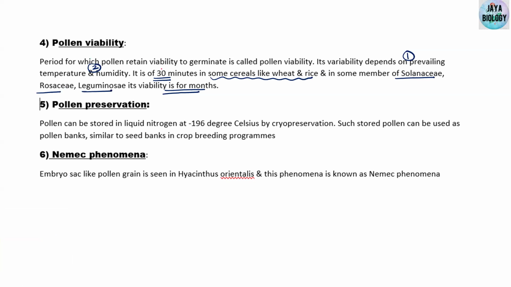It is 30 minutes for cereals like wheat and rice, and it is months for families like Solanaceae, Rosaceae, and Leguminosae. Pollen can be preserved. Preservation of pollen can be done in liquid nitrogen at minus 196 degrees Celsius, and this is known as cryopreservation, which can be used as a pollen bank for crop breeding programs.